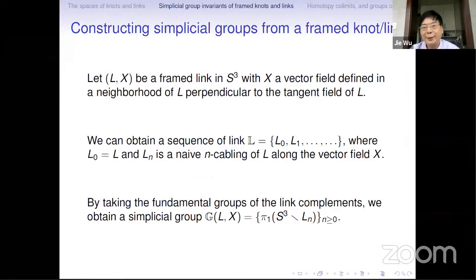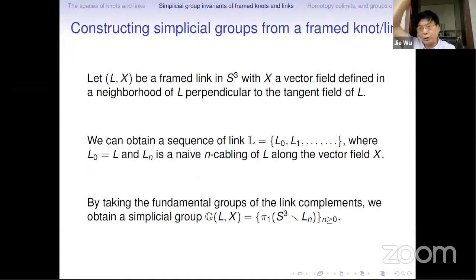If my label n goes from 0, 1 up to m, then think about the nth term, the elements inside here, as n-simplexes. Now the canonical way to produce face operations: think about vertices labeled by 0, 1, 2, up to n.